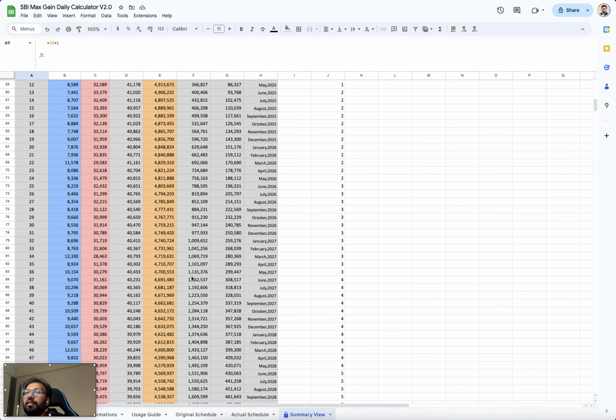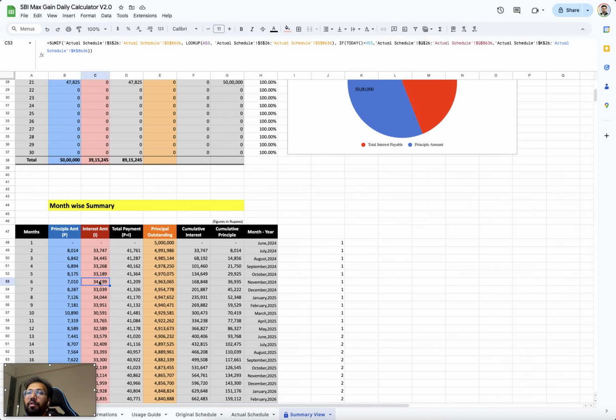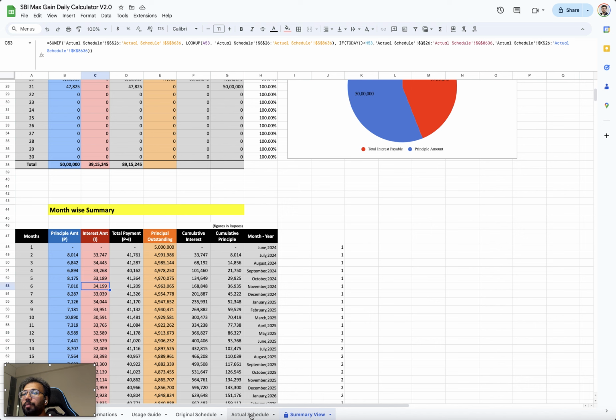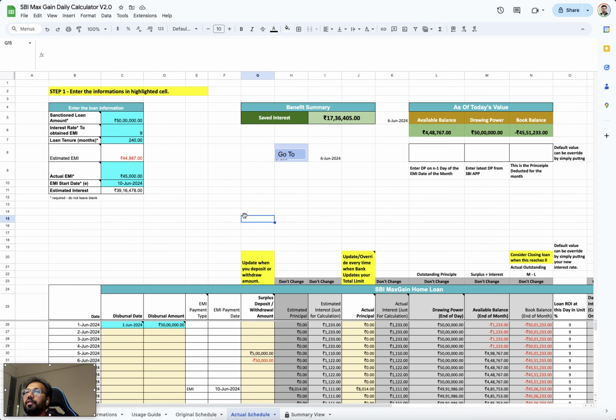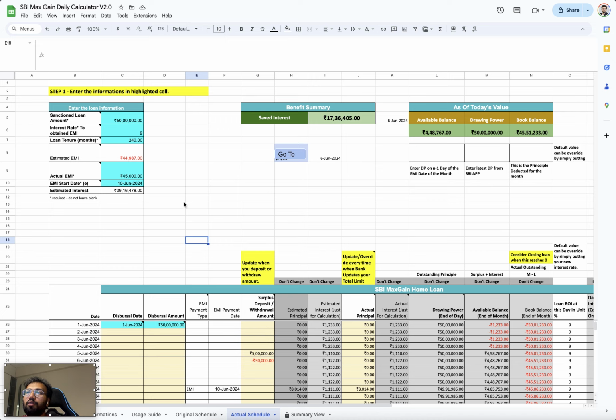So this is a month-wise summary of how much interest we are paying to the bank in each month, and our actual schedule sheet will have a daily calculator, for the entire tenure of your loan, on a daily basis how much interest we are going to pay to the bank, and if we park some money in our OD account, how much interest we can save. That's the main purpose of this tool.